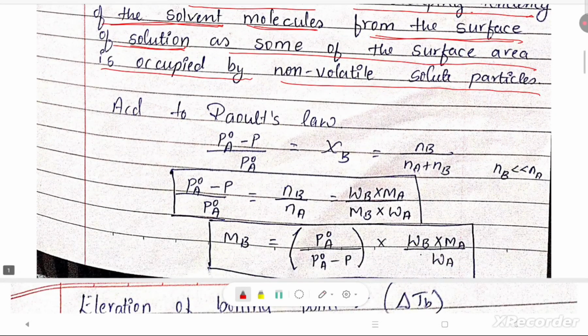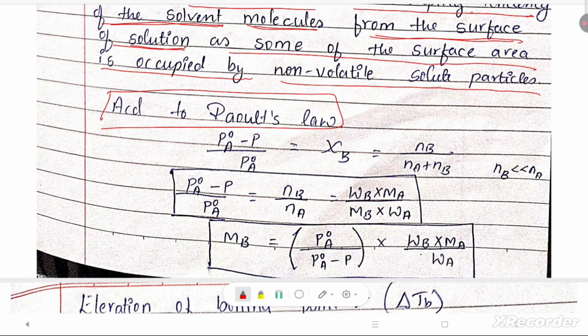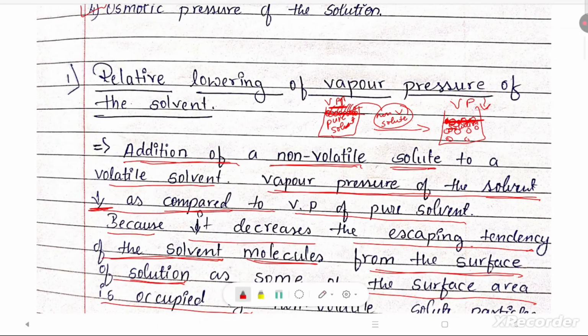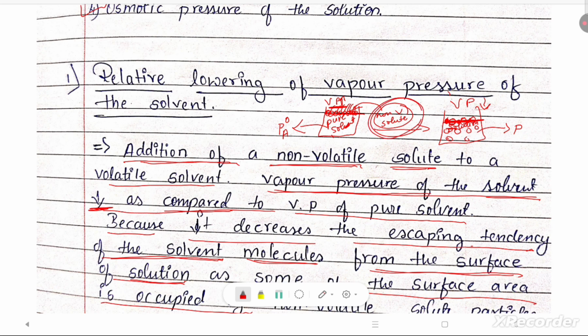Then according to Raoult's law, remember I told you, the vapor pressure of the pure solvent is denoted by P0A. The vapor pressure of the solution is denoted by P. Lowering of vapor pressure means after adding non-volatile solute, the vapor pressure lowers.